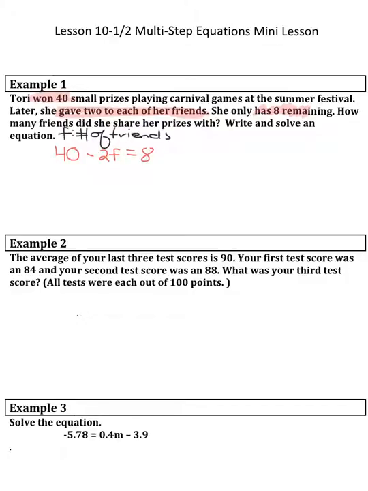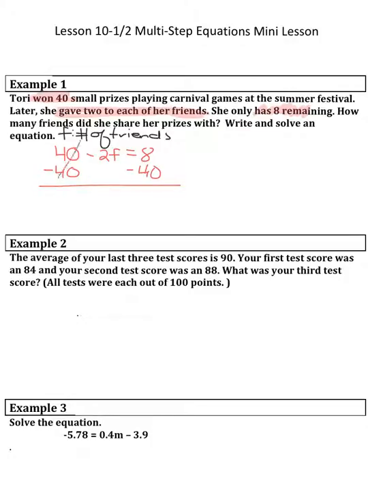What would you do to solve this equation? Isolate your variable. This is a little bit tricky. This is a common problem where we see students mess up. You see that minus sign, and so students want to add 40. Remember, you have to get rid of the 40. The minus sign that you see belongs to the 2F. So I'm actually going to subtract 40 from both sides to cancel out 40.